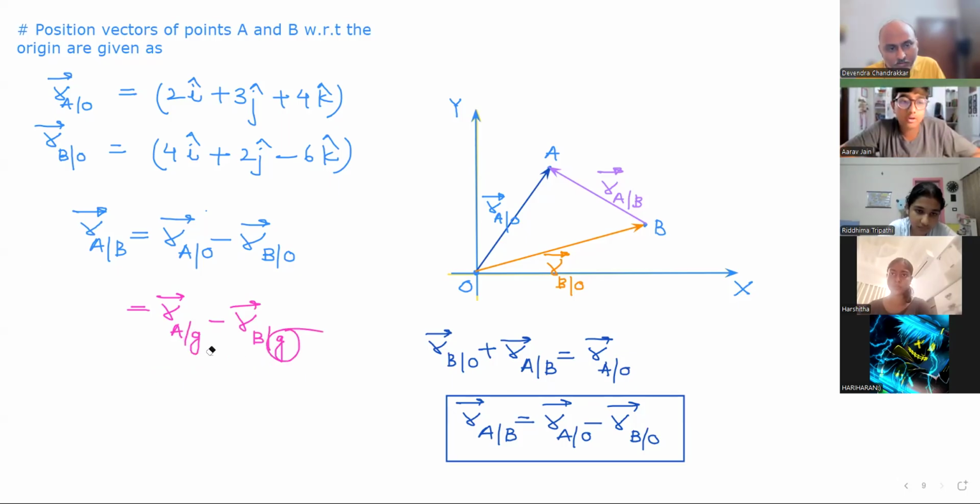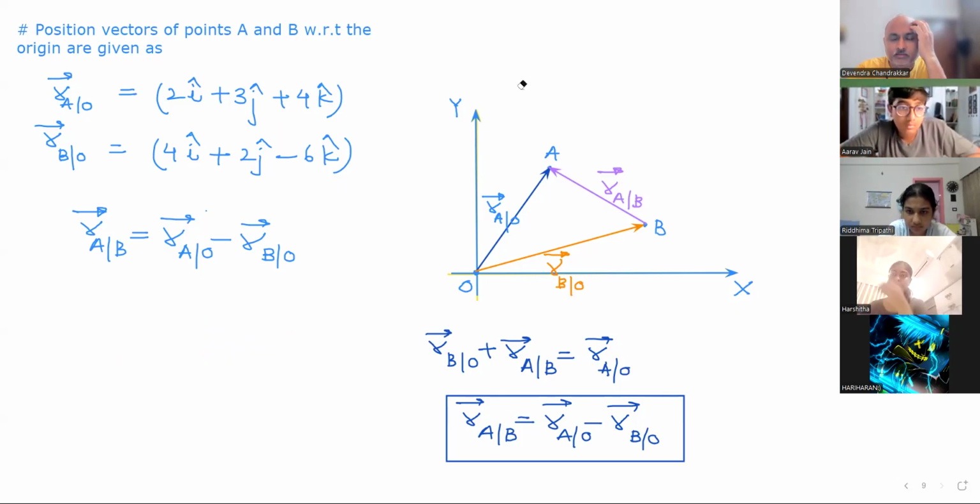But you can ask, sir, can I do RAG minus RBO? No, you can't do this. So whenever you want to write position vector of one particle with respect to another, subtract the position vector of the second particle from the first particle with respect to a common reference point. Please write it quickly.